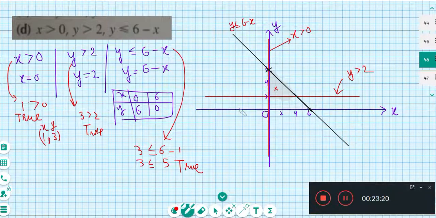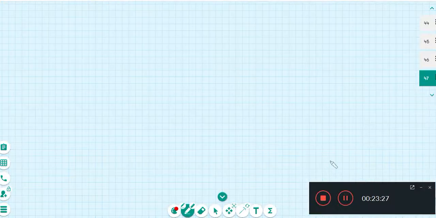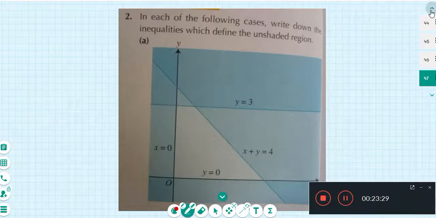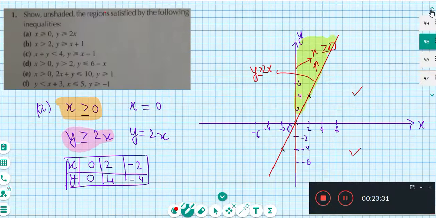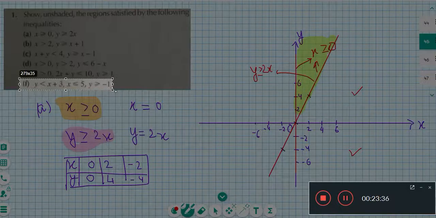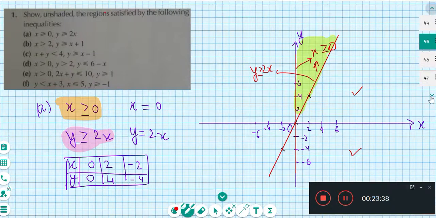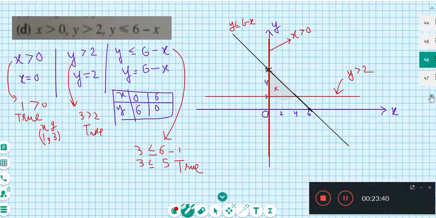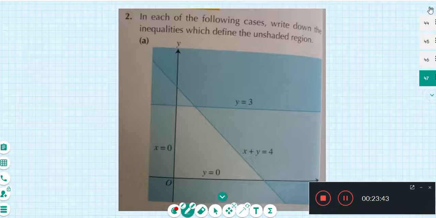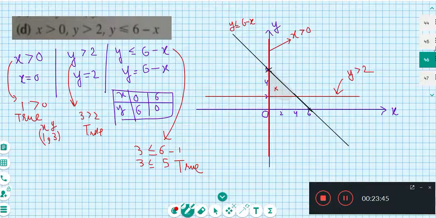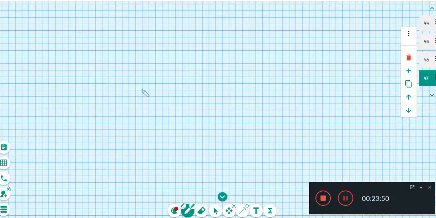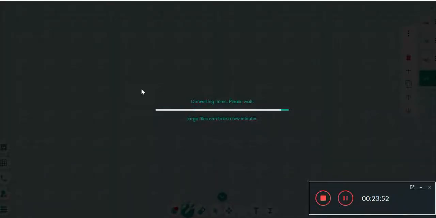So we have 3 points: the first point is (0, 3), the second point is (-3, 0), and the third point is (5, 8). Joining these 3 points, we have a straight line.